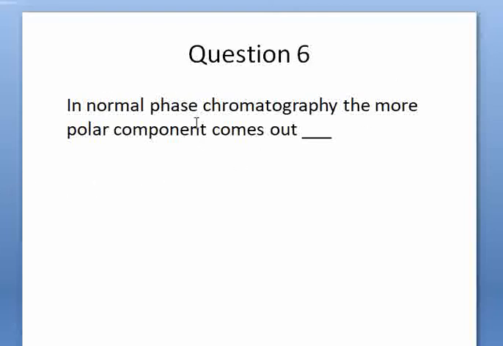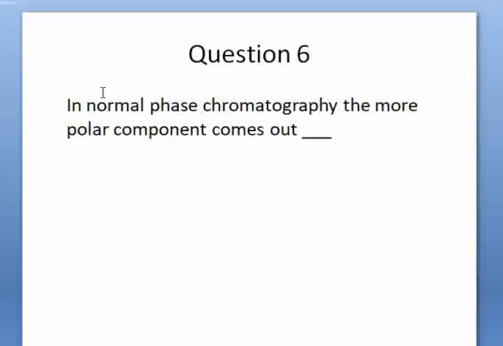Normal phase means we know that there are two phases. One is the stationary phase, another one is the mobile phase. If it is normal phase, the stationary phase is a polar one.